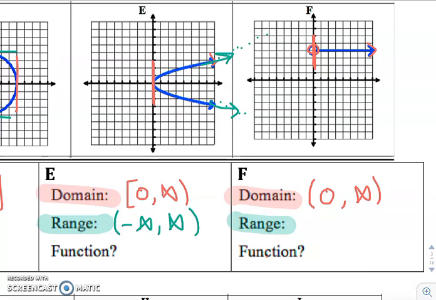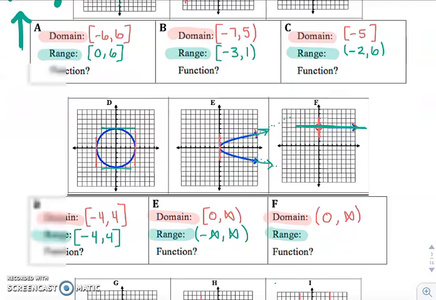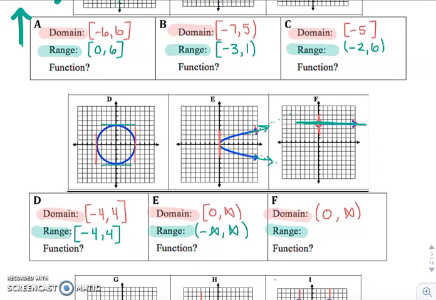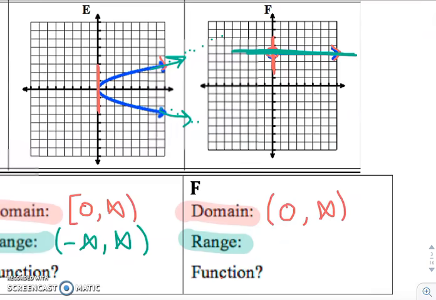For F, the only y value, since it is a horizontal line, is at that y value of 4. So that's kind of like letter C up there for the domain. It was just a single value. For this one, the range will just be a single value of positive 4.